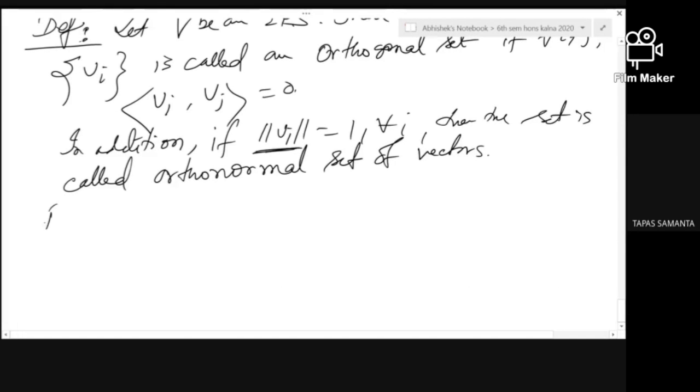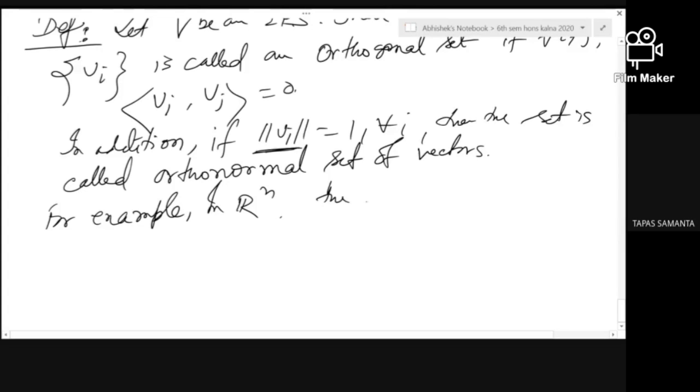For example, in Rn we know the standard basis, which is e1, e2, ..., en.